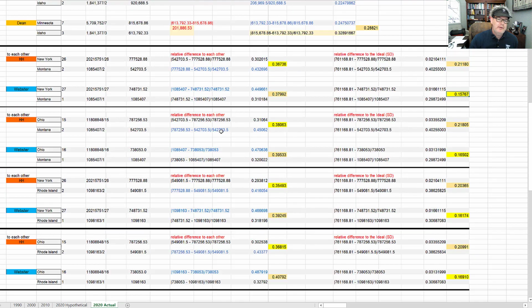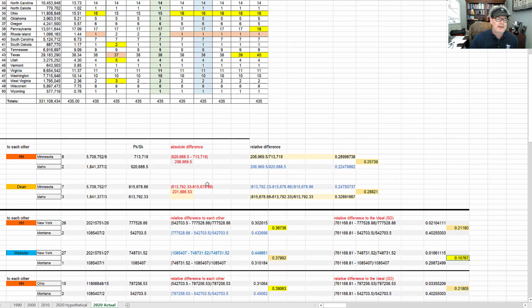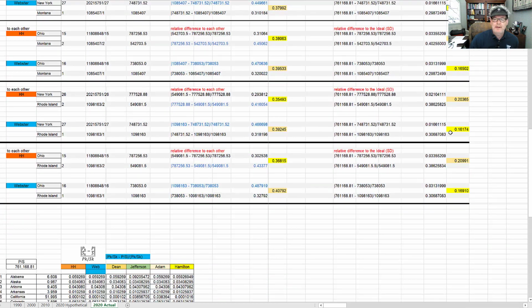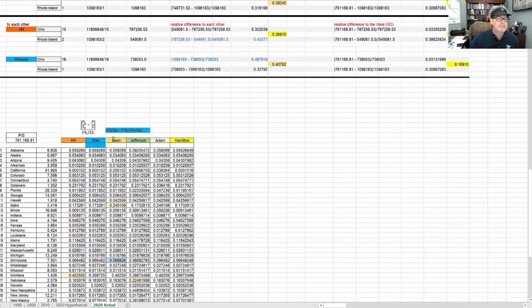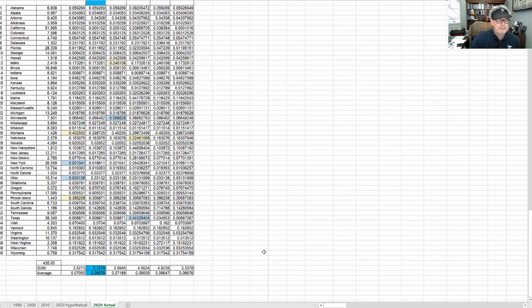It's not easy to do a full sum with the pairwise comparison with Huntington Hill, but it's easy to do the people per seat minus the ideal. Huntington Hill can only do a pairwise comparison, whereas with Webster you can do kind of a global measure: how far in people per seat are you from the ideal, relatively speaking, so divided by your state's people per seat. And Webster will always win that.